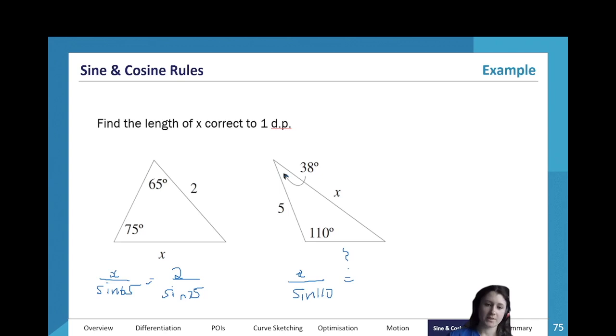So we have this angle, 38 degrees, but we don't have that side. So what are we going to put here?